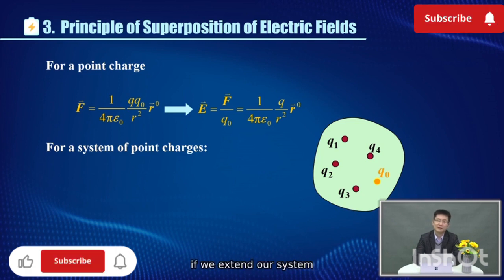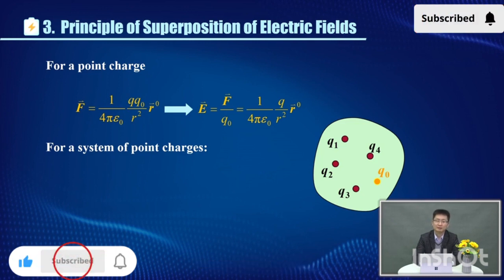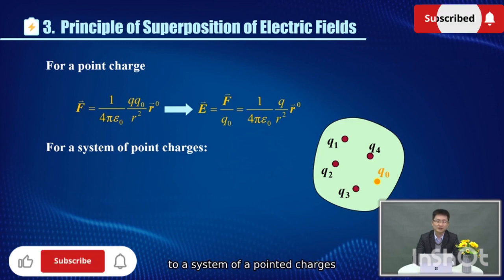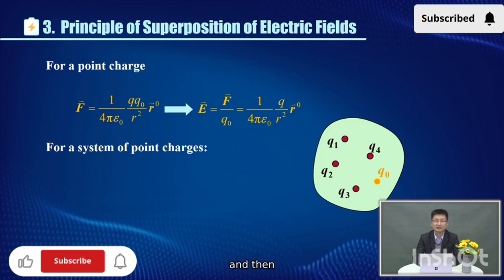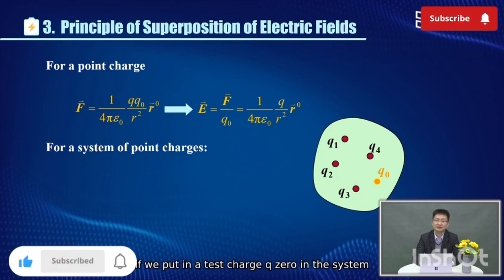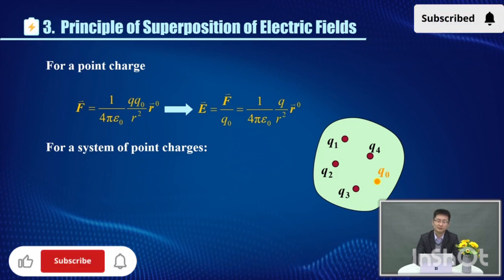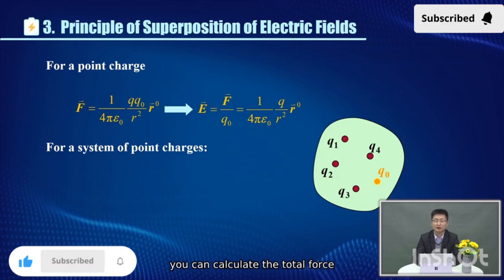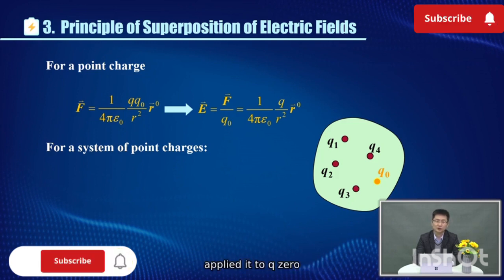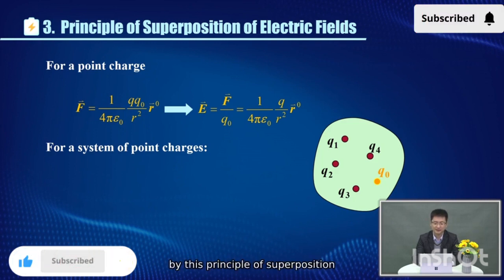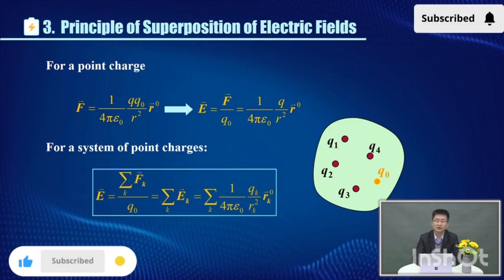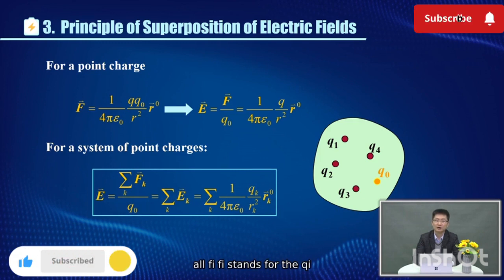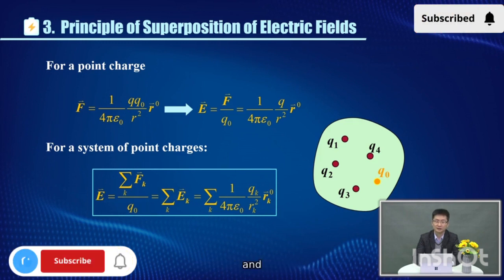Second, if we extend our system to a system of point charges, we can label these charges from Q1 to Qn. If we put a test charge Q0 in the system, you can calculate the total force applied to Q0 by the principle of superposition. The total force is equal to the sum over all Fi, where Fi stands for the interaction between Qi and Q0.